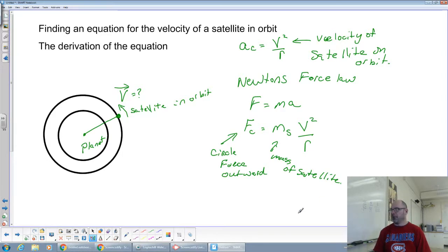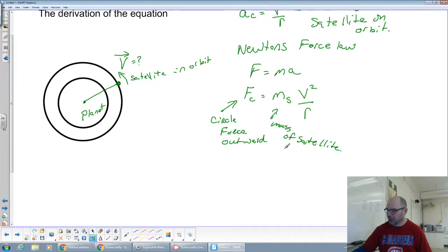Everything else we know: that's the velocity of the satellite and the radius that it is. And this has to equal the force of gravity. So there's this Fc perpendicular out, and then there's an Fg, the force of gravity.